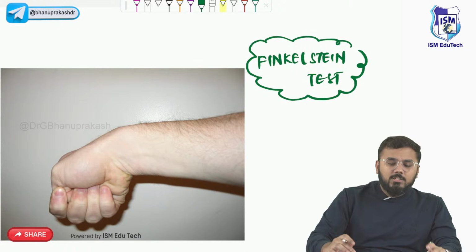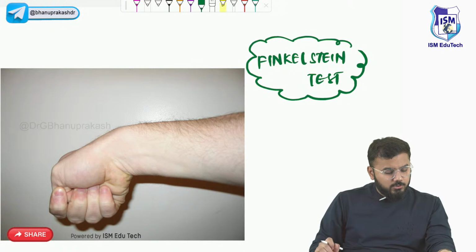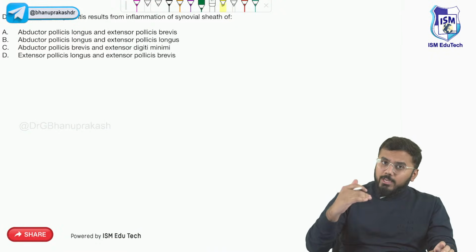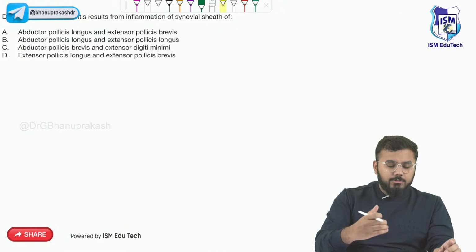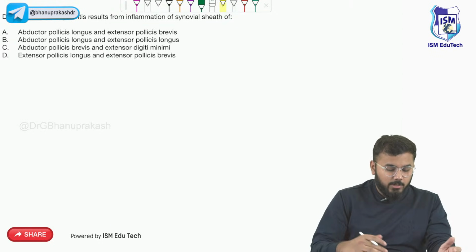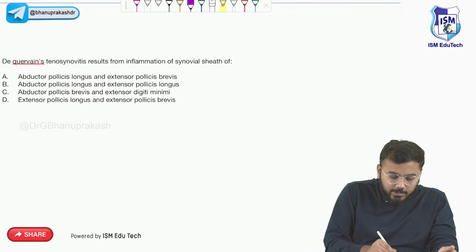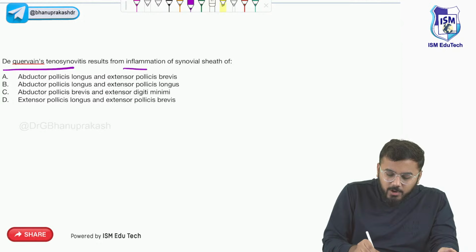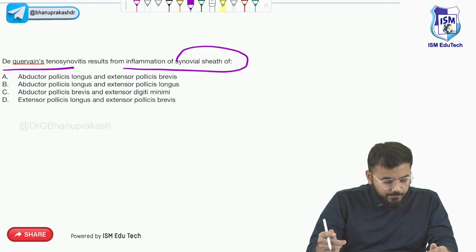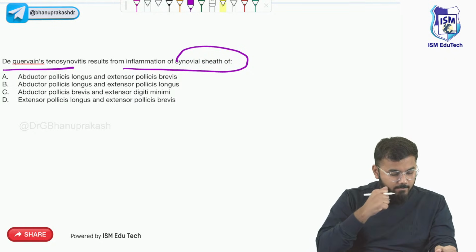Okay. So guys, this covers the maximum amount of your MCQs. But still, we shall be doing MCQs after each and every topic. These are not my MCQs; these are MCQs which were previously asked in your exams. So, De Quervain tenosynovitis results from inflammation of the synovial sheath of which tendons? Can anyone answer this?